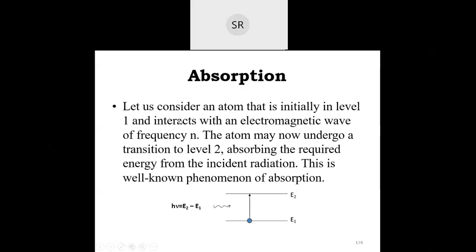The atom is initially in level one, and we interact with electromagnetic energy that has a frequency ν. Then the atom may undergo a transition to level two, from E1 to E2, absorbing the energy from the incident radiation. The atom absorbs the required energy from the incident radiation, and that phenomenon is called absorption.